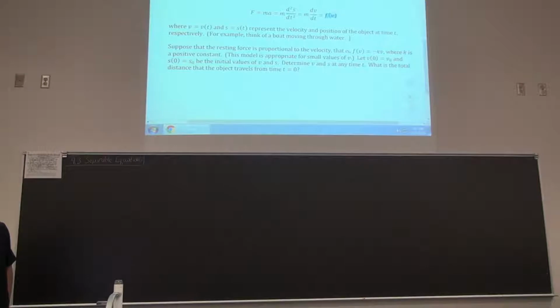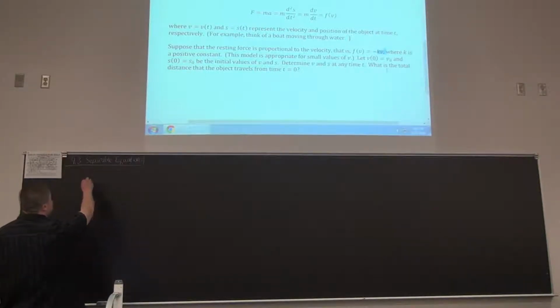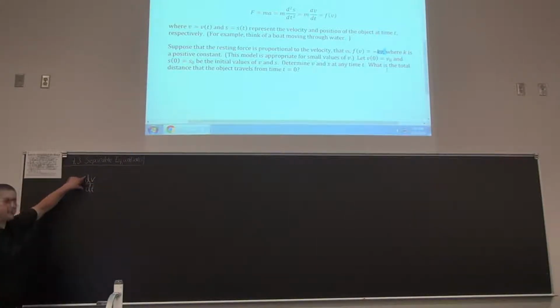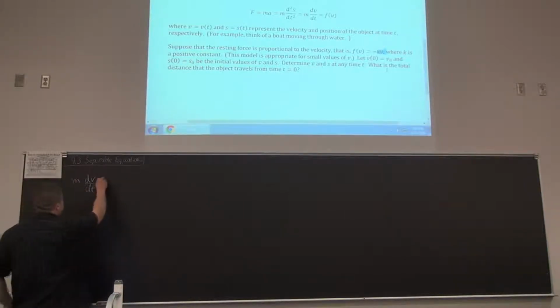They tell us that the force is proportional to the velocity, so that f of v is equal to negative kv. That allowed us to immediately go to this step and write mass times dv/dt. The rate of change of velocity with respect to time is the acceleration, so that's where the dv/dt came from. It's equal to negative k times v.